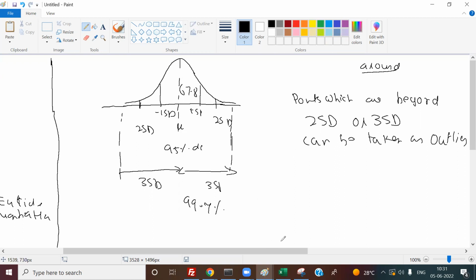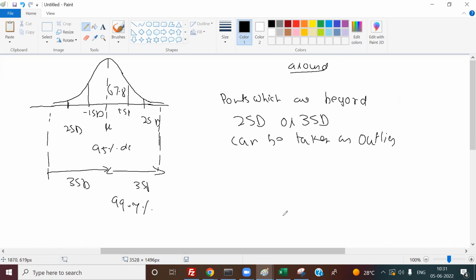So for example, if I draw the graph of, let's say, marks scored in an exam, and I'm not saying easy exam or tough exam, a normal exam, the distribution might be a normal distribution. So let's say this is your mu.